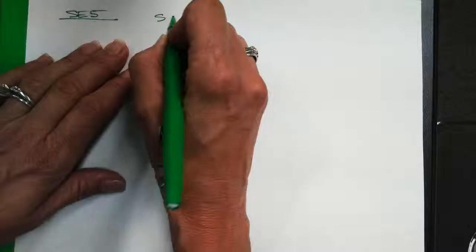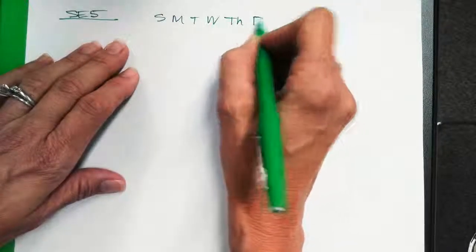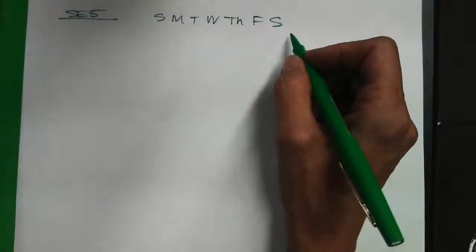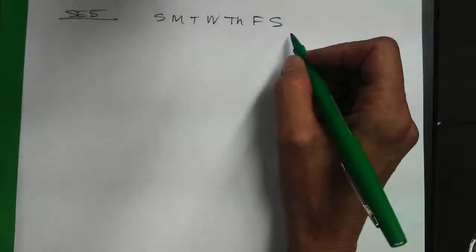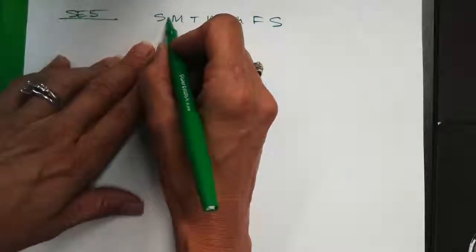Let's see, we've got Sunday, Monday, Tuesday, Wednesday, Thursday, Friday, Saturday. Okay, there's the whole week. The problem tells us that we will pay out $13.80 on Saturday for a 6-day work week. So apparently we're dead on Sunday, okay?